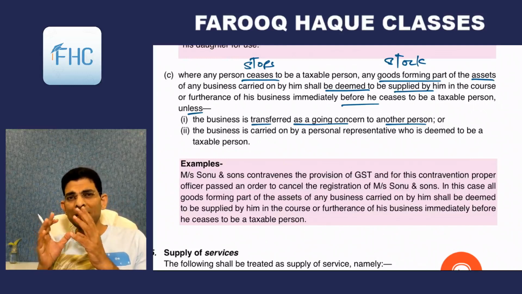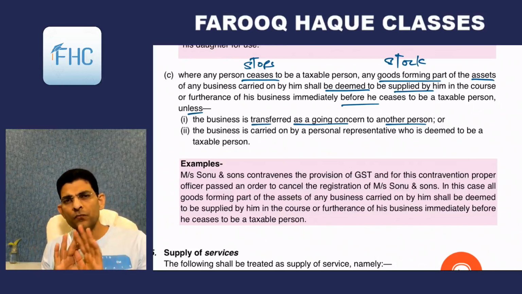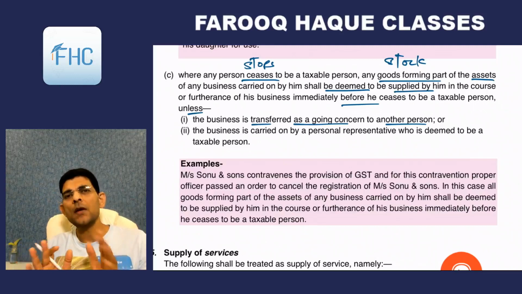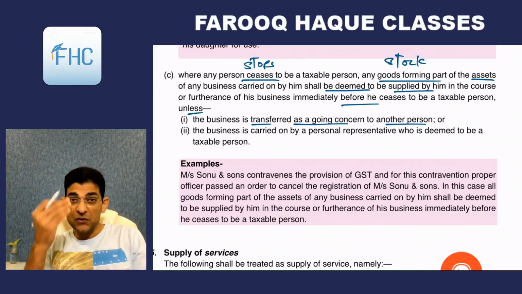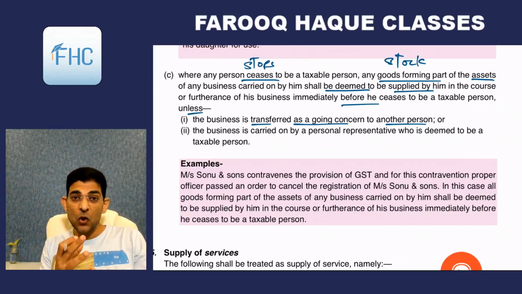So I can transfer my complete stock to you free of any GST. Okay, there will be no GST imposed, and then later on when you will sell the goods from the shop, you will be liable to pay GST. So if I shut down my business, then my stock is deemed to be supplied. But if I transfer my business to you as a going concern, then I don't have to pay any GST.